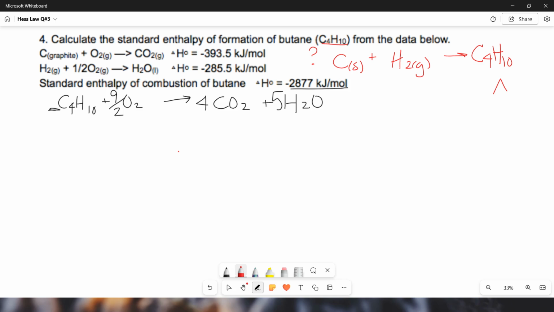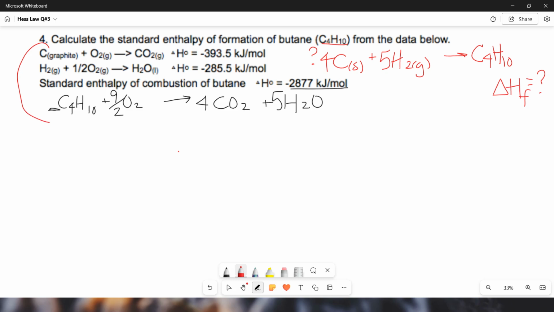And I want to know the delta H of formation for this. First of all, I need to balance this with 4 carbons, and I need 5 hydrogens. So this is what we're trying to solve for using these 3 reactions in Hess's law.